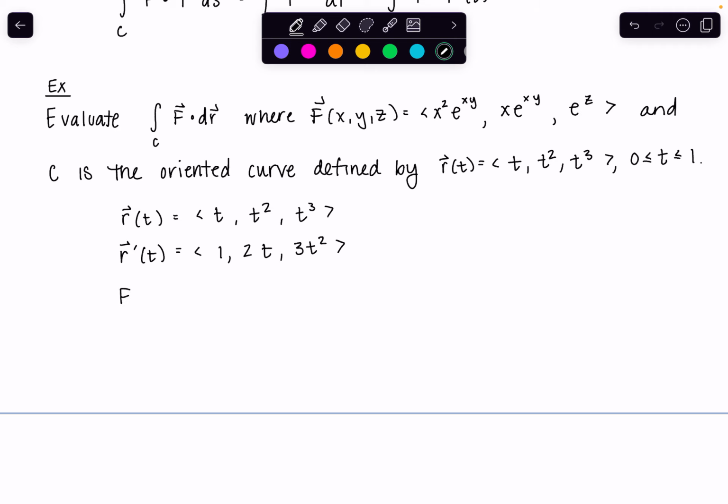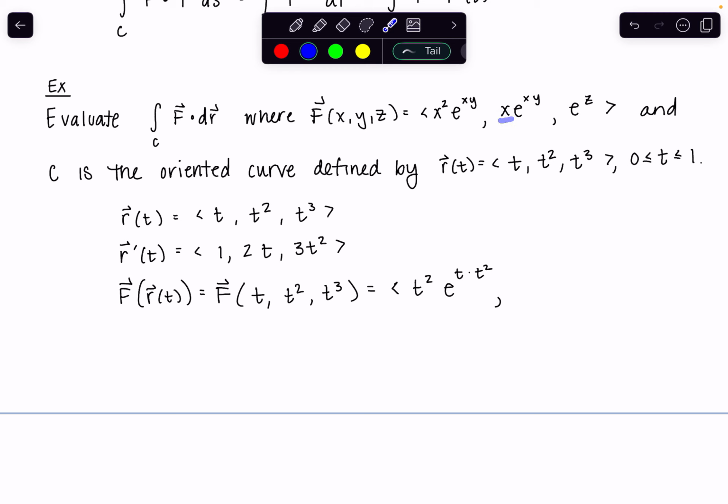Next thing I need to do is turn this vector field F over in terms of t. So I'm going to evaluate this along r of t. My x gets replaced by t, my y by t squared, and my z by t cubed. So my first component is x squared, that's t squared, and xy is t times t squared, so this is t squared e to the t times t squared, which is e to the t cubed.